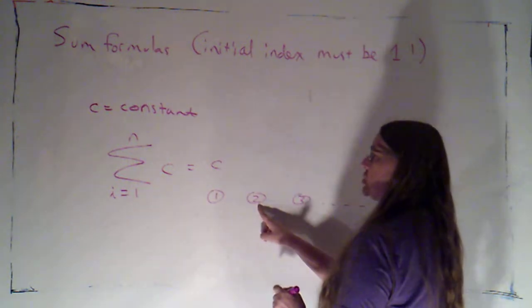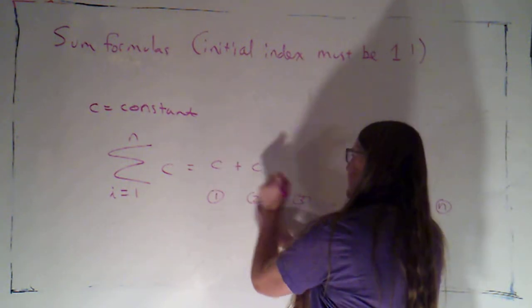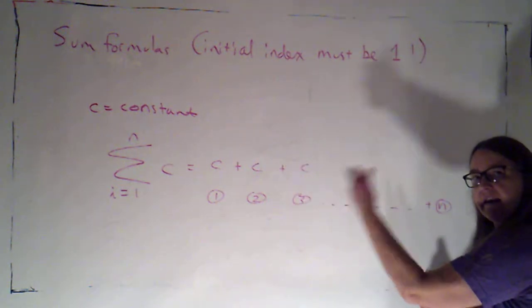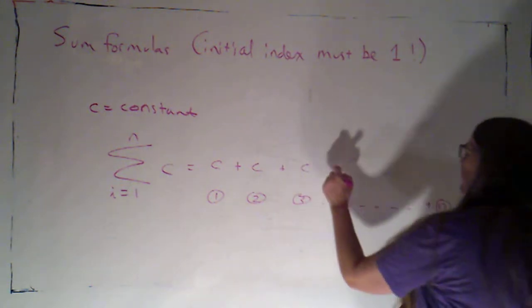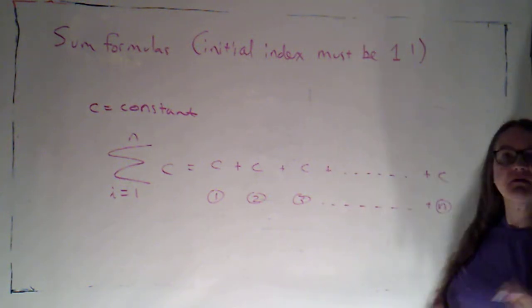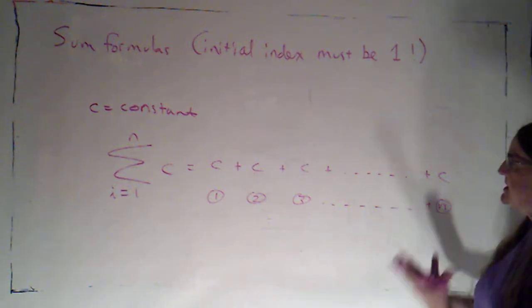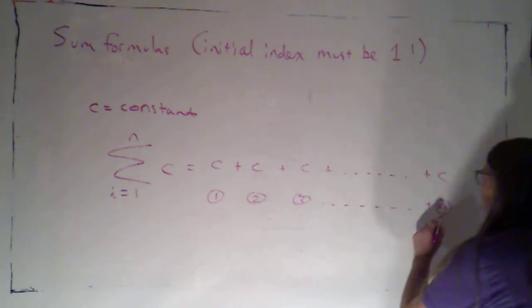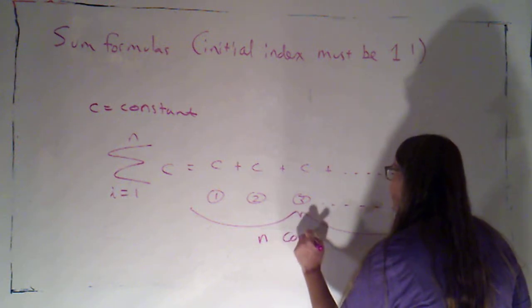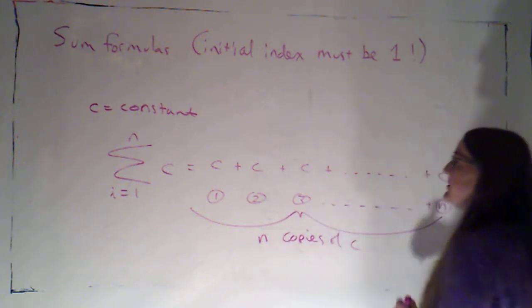When my index is 2, my term is c. So for every value of the index, I'm getting another term of c. So I'm just getting a whole bunch of copies of c. c plus c plus c plus c plus c. How many times? I'm getting n copies of c.